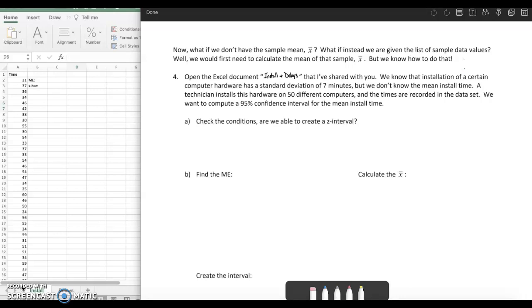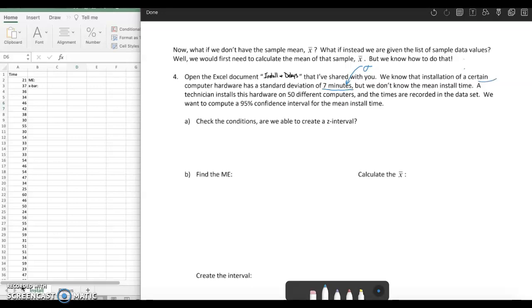So I've got information shared with you in the install delays Excel document. And what this is telling us is that we know the installation of a certain computer hardware has a standard deviation of 7 minutes. So we're given the sigma value, but we don't know the mean install time.